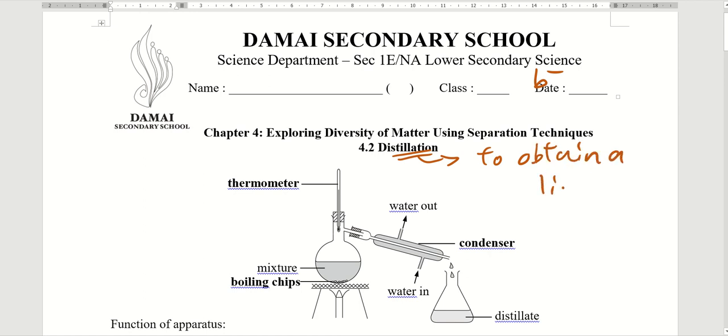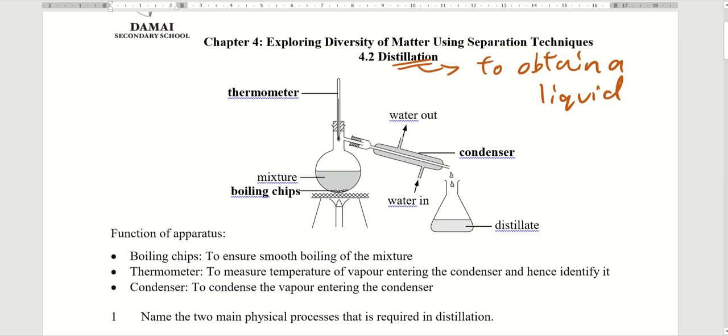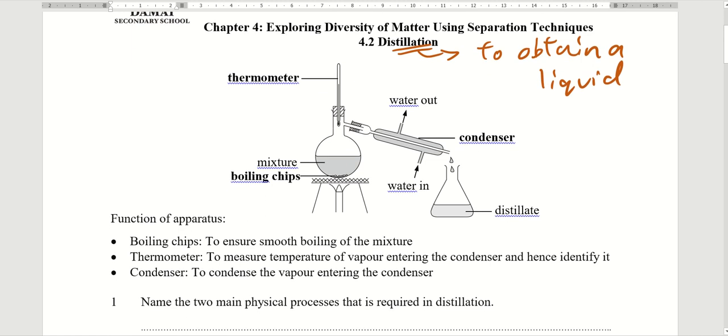So the objective of distillation is to obtain a liquid. Please take note. On the other hand, you have learned previously about evaporation. So the objective of evaporation is to obtain a solid.